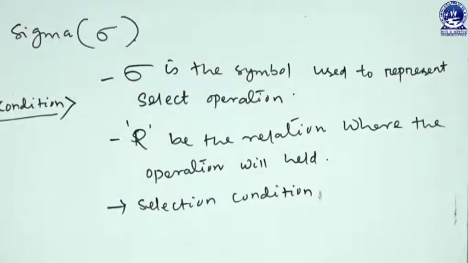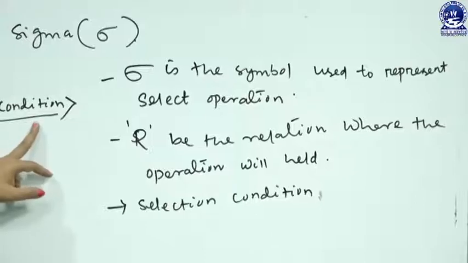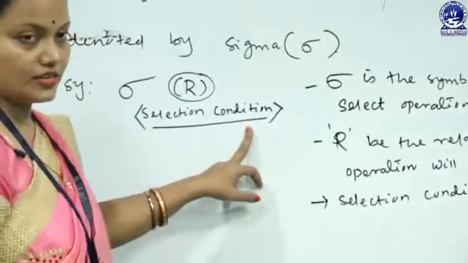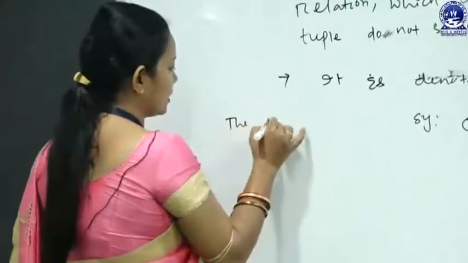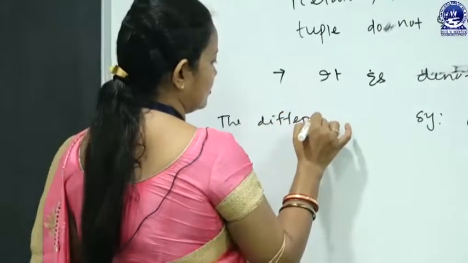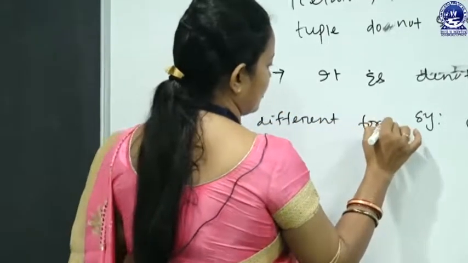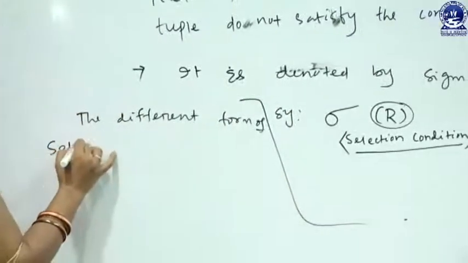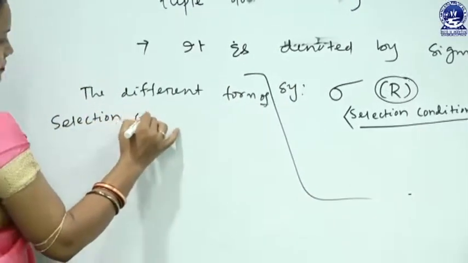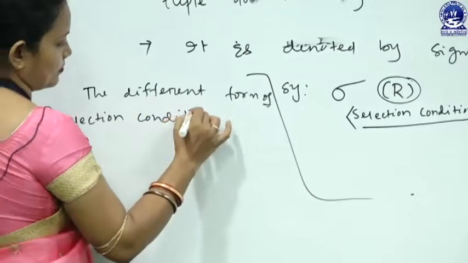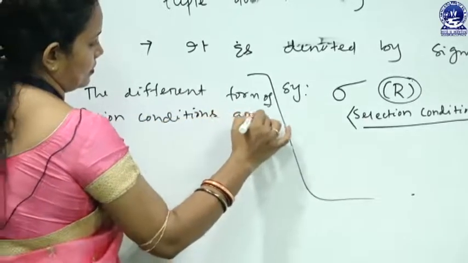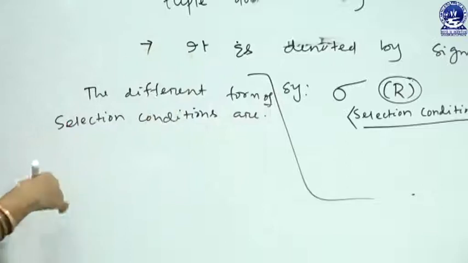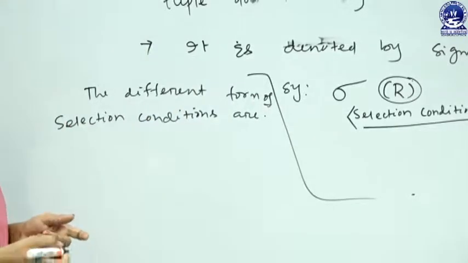Next, we will discuss how the selection condition will be represented. The different forms of selection conditions are, that means how we can write the selection condition.